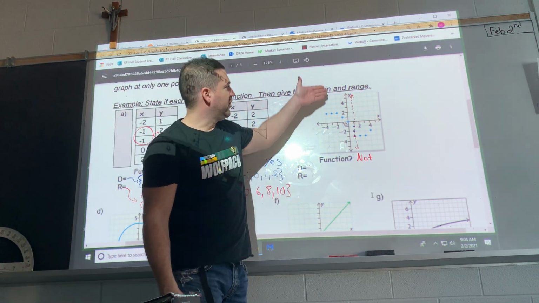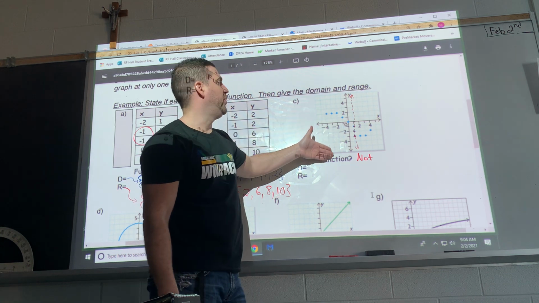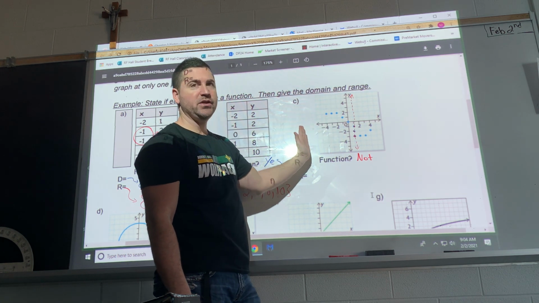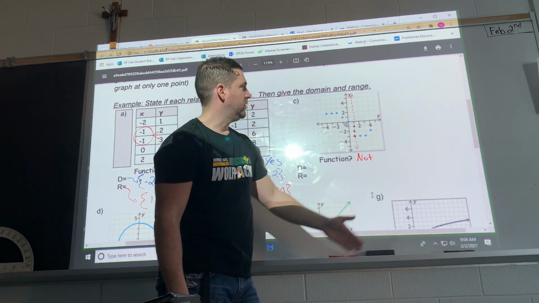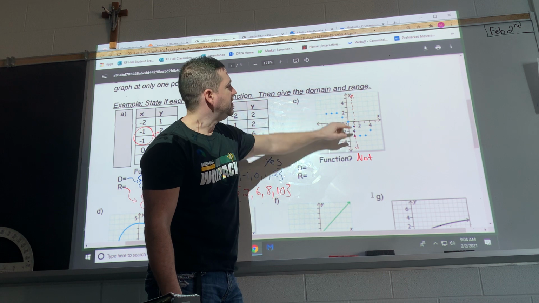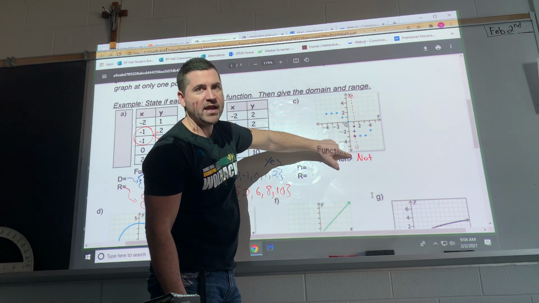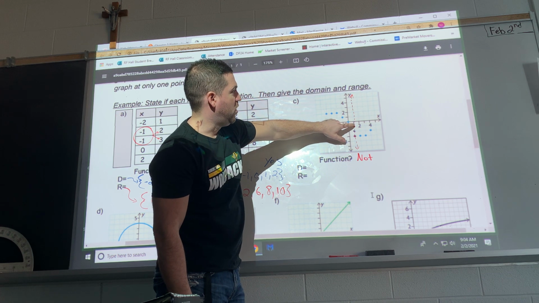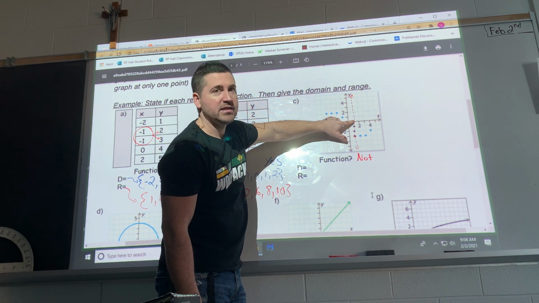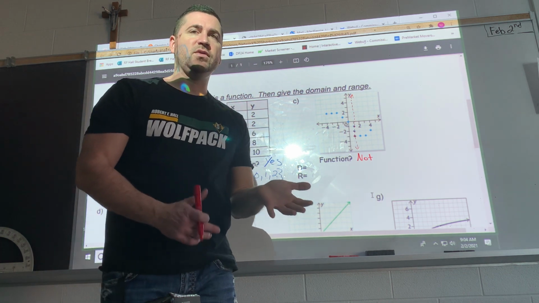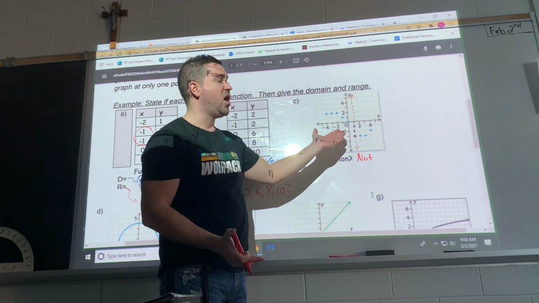I know if you drew it at different points, it would only touch 1, but that has to be true for the whole graph. So if we drew a vertical line through x is 1, this x value of 1 has 3 answers. It has an answer of 1 and -1, then 1 and -2, and then 1 and -3. So that has 3 answers for the 1 x, so this is not a function.